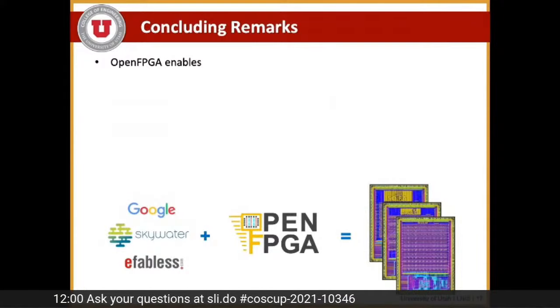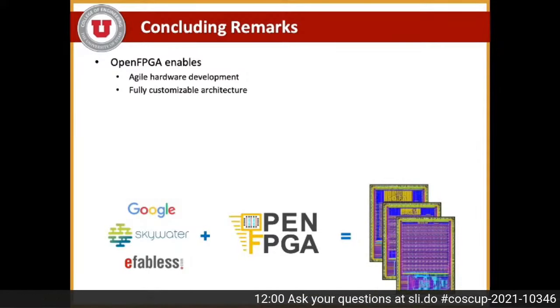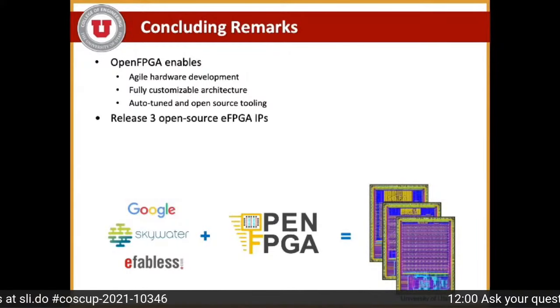And here are some concluding remarks. So OpenFPGA does enable agile hardware development for FPGAs. We support fully customizable FPGA architectures, and we provide adaptive and auto-tuned open source tooling. We released 3 open source eFPGA IPs, which are the Skywater embedded eFPGA IPs.